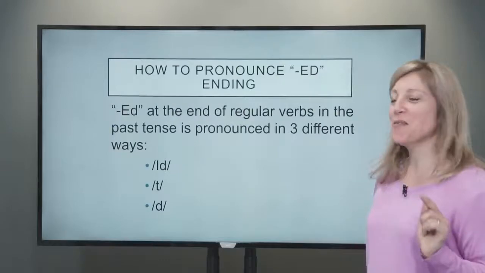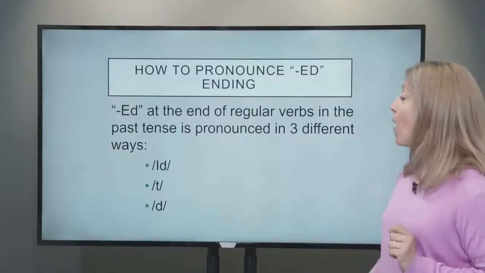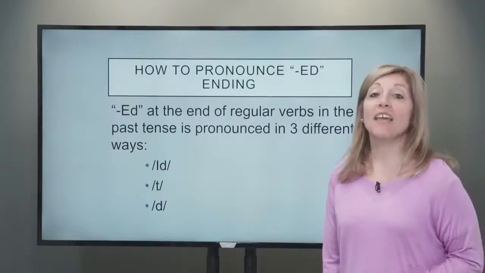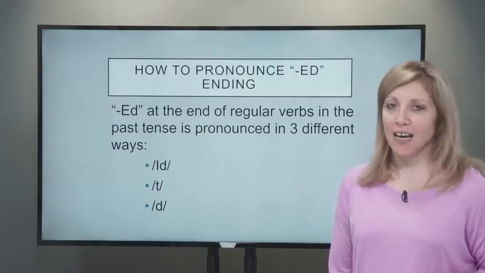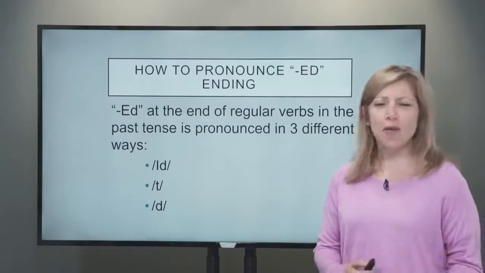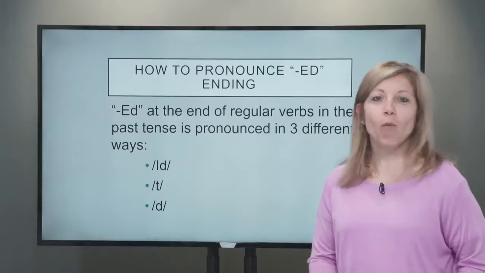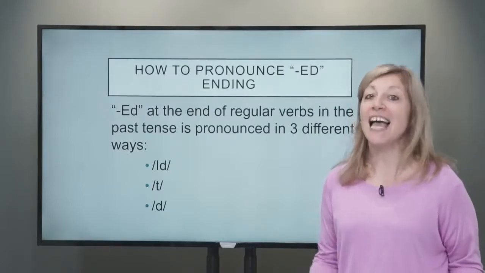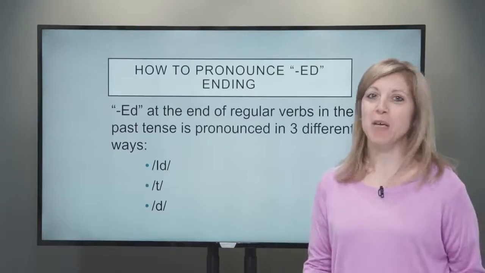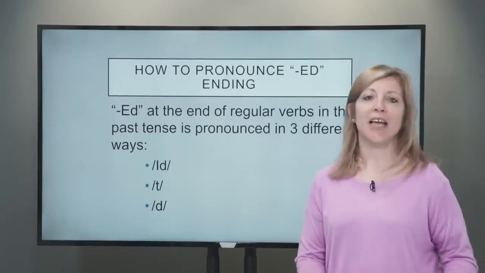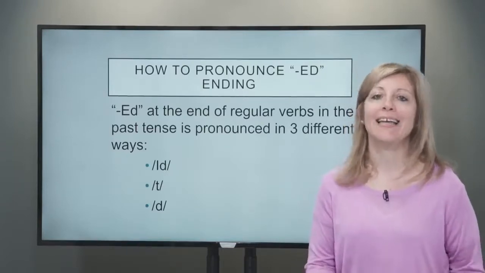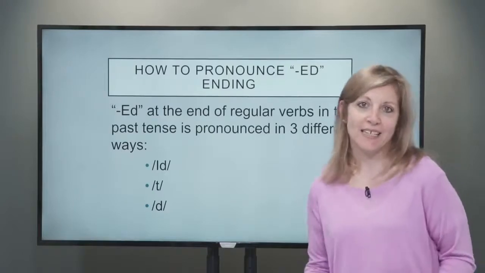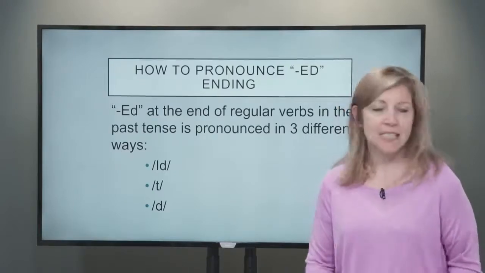I was going too fast here. 3 different sounds. One is id, one is t, and one is d. Okay, so a lot of you are always asking, which one do I use? It's never the sound ed. I often hear people add an extra syllable and it sounds like ed at the end, like walkhead or talkhead. That's not right.